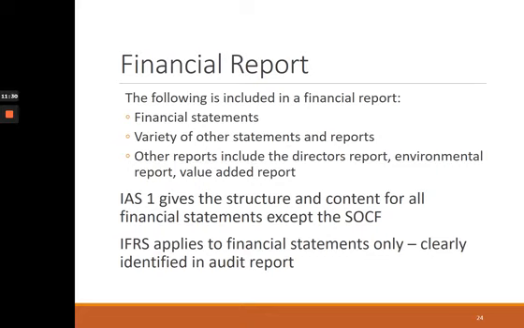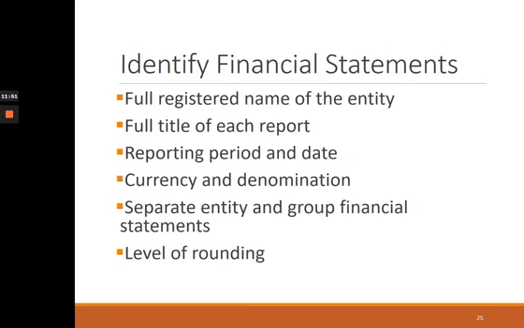Your statement of cash flow presentation guidelines will be provided in a statement called IAS 7, which we will be covering later on. So IFRS applies to the financial statements only. It doesn't apply to the entire financial report. So IFRS applies to the financial statements only, and these are clearly identified in the audit report.